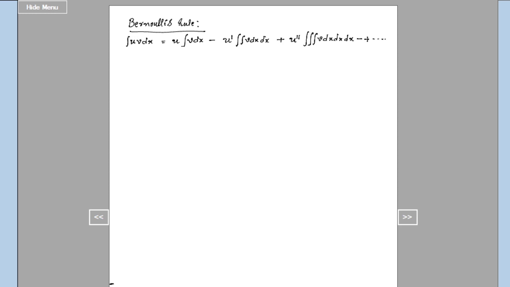So how are you going to decide u and v? By using the rule called ILATE. I represents inverse trigonometric function. L represents logarithmic function.